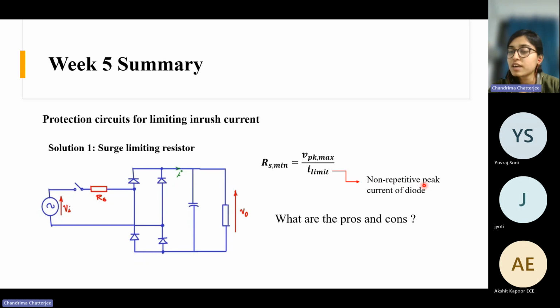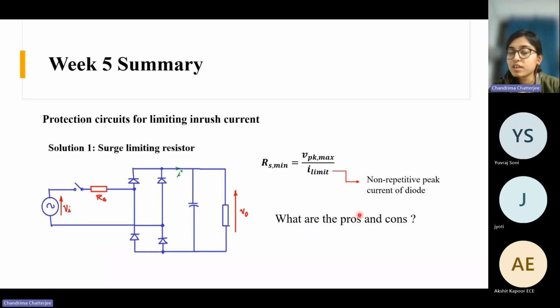So this is the surge current rating of the diode. You will have to see this value and put it here. Whatever resistance you get is the minimum resistance, so you should choose a value greater than this for safety. That's how you can choose this surge limiting resistor.